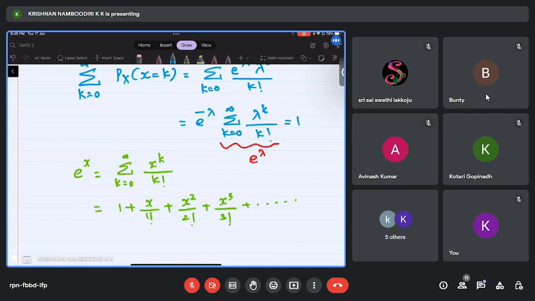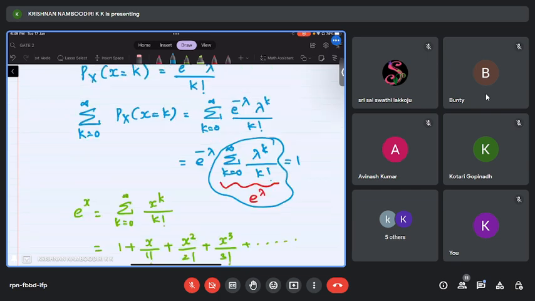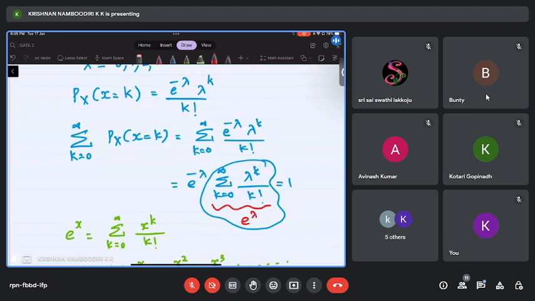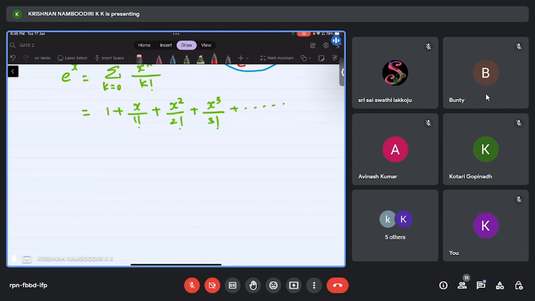So in order to calculate the mean and the variance of the Poisson distribution, you will have to use this property again and again. Okay, so now let us find the expectation of the Poisson random variable. The expectation of X, in this case for a discrete random variable, is defined as the sum over n from minus infinity to infinity of n into P of X equal to n.